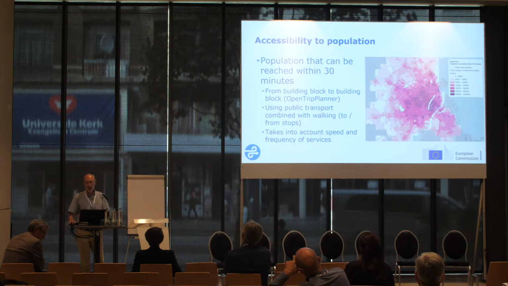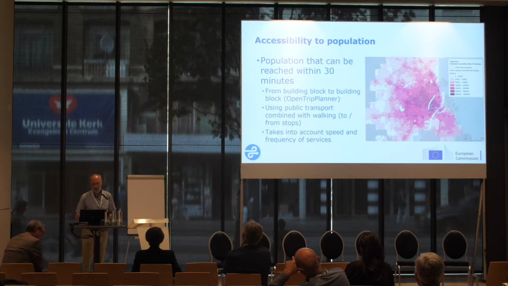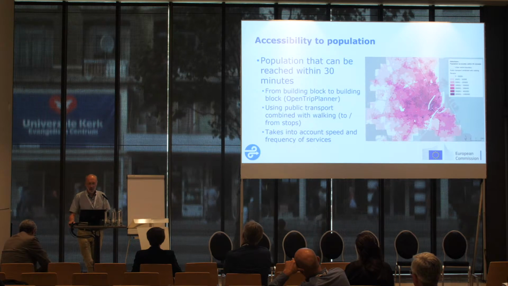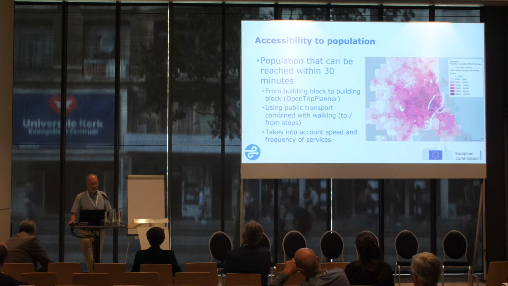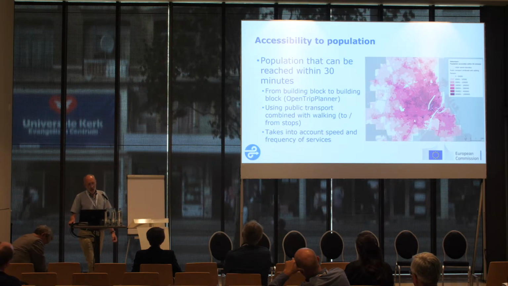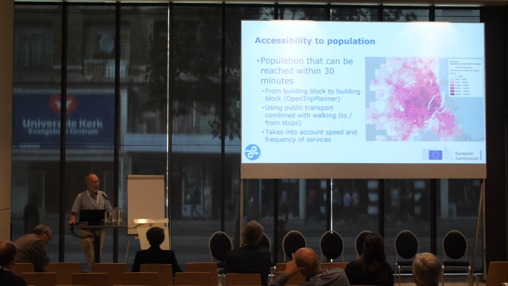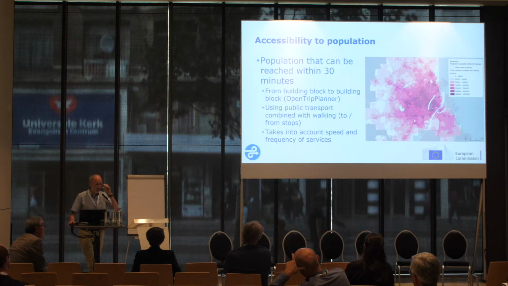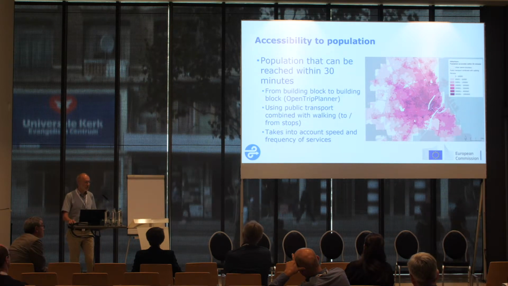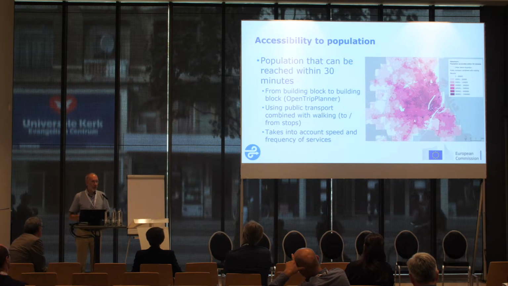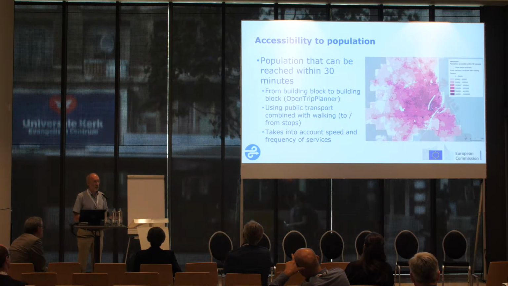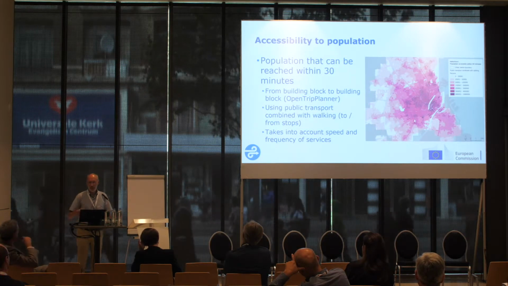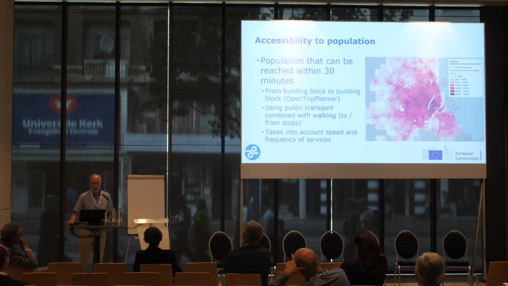We've done it also for 45 minutes. The choice is not arbitrary, but it is appropriate for certain sizes of cities. And the travel time that is underpinning this calculation combines public transport with walking if walking is required, because seldom will you find a public transport stop next to your door, so you will first walk to the stop.